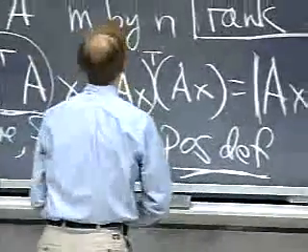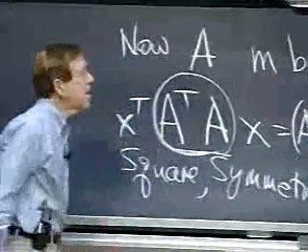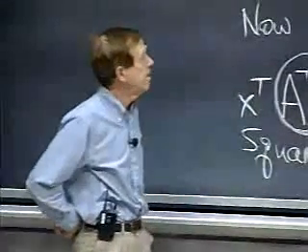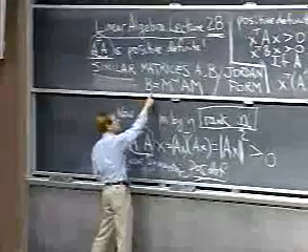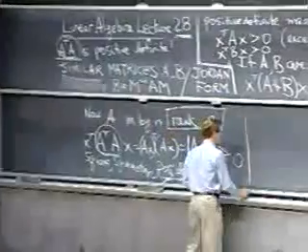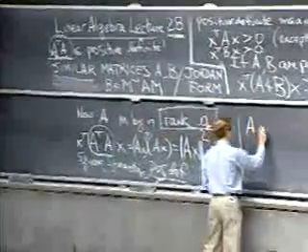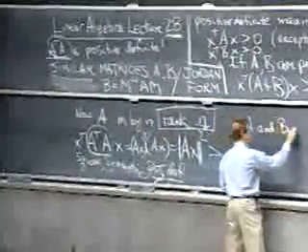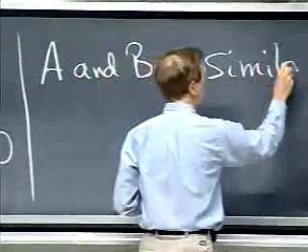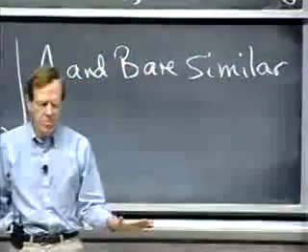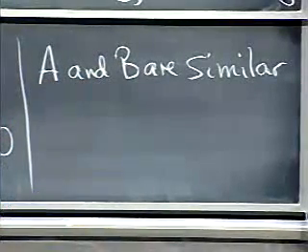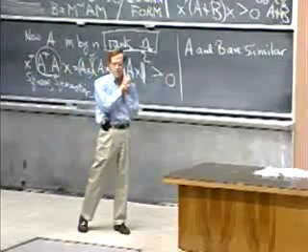Okay, so can I begin today's lecture proper with this idea of similar matrices? This is what similar matrices mean. So here, let's start again. I'll write it again. So A and B are similar. Now these matrices, I'm no longer talking about symmetric matrices. At least no longer expecting symmetric matrices.